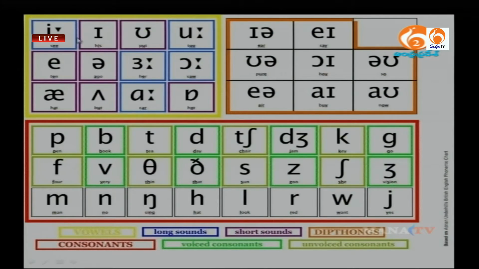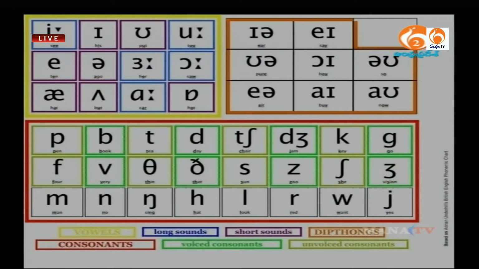Like we have already discussed, the colon next to the sound implies that these are your long vowel sounds, and when there is no colon, when you do not see two dots, it's a short sound, a reduced short sound. So once again, long sound.